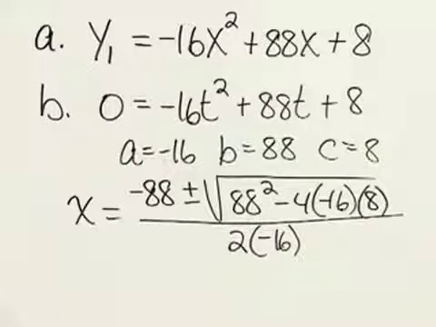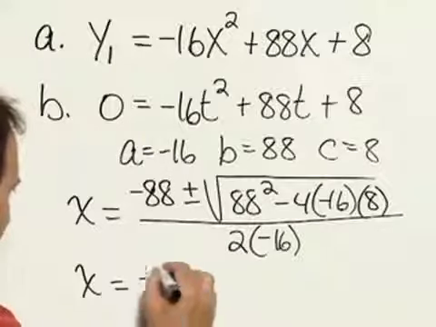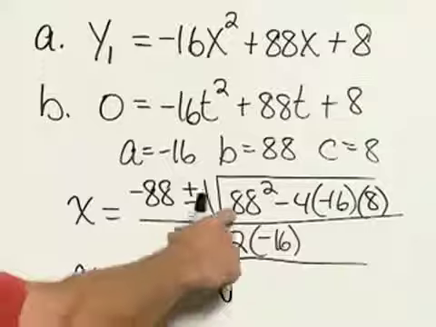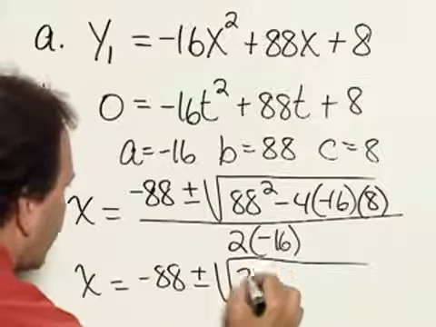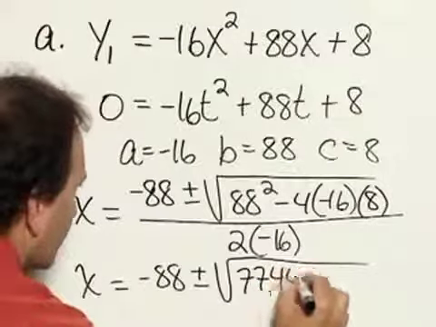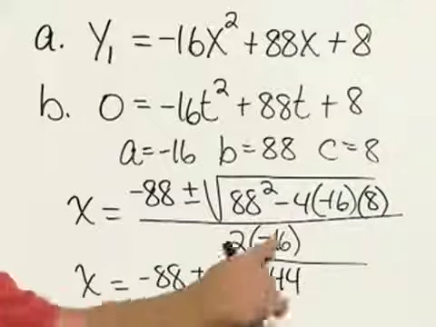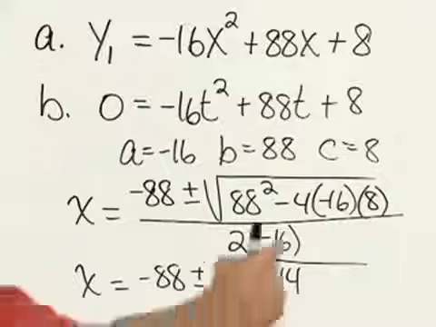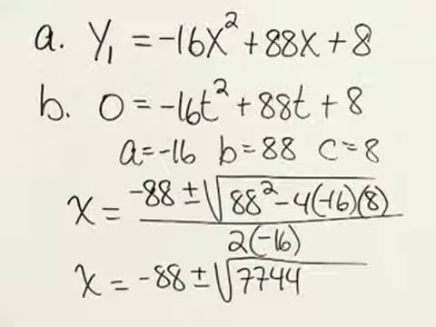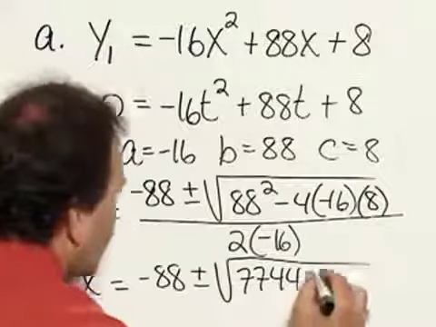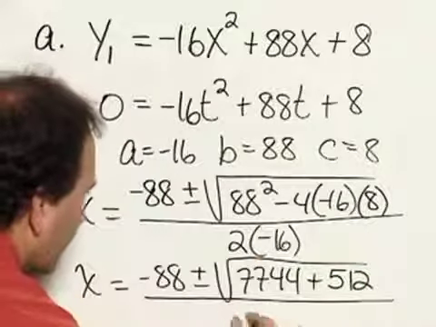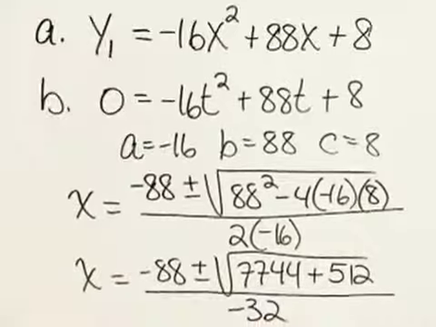Simplifying this, we get x is equal to the negative 88 plus or minus, underneath the square root, 88 squared is equal to 7,744. We have a negative times a negative, which means it's positive. 4 times 16 is 64, times 8 is 512. And in the denominator, negative 32.